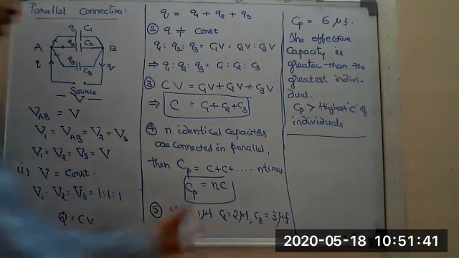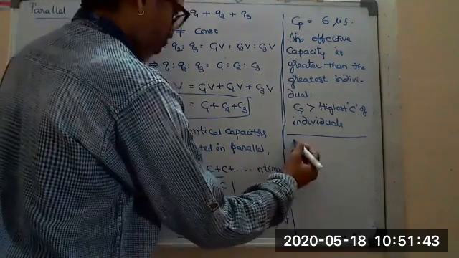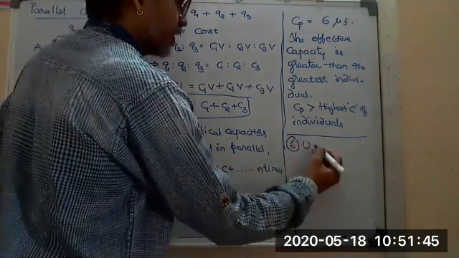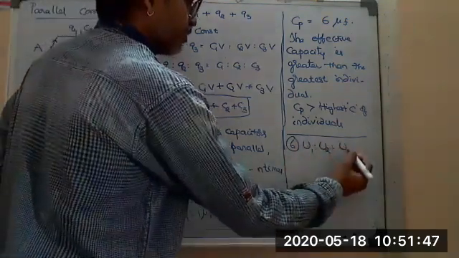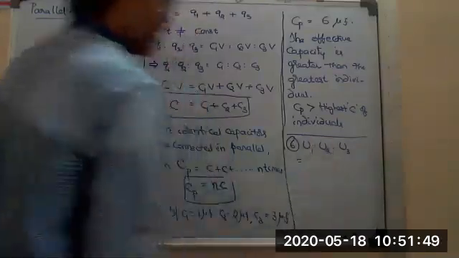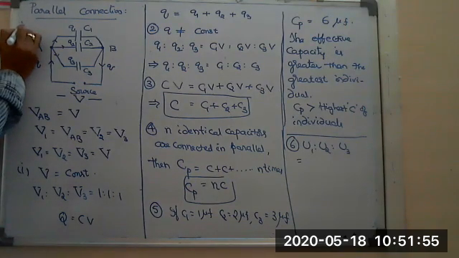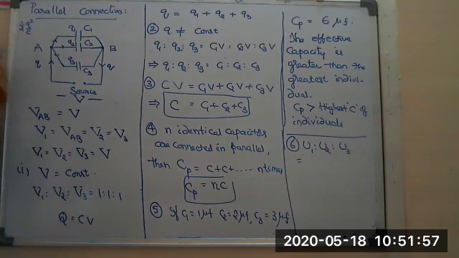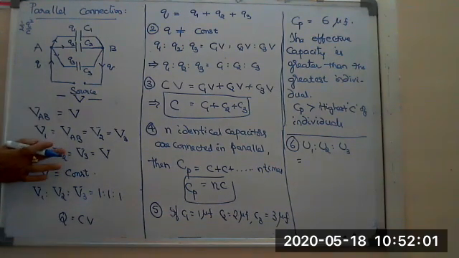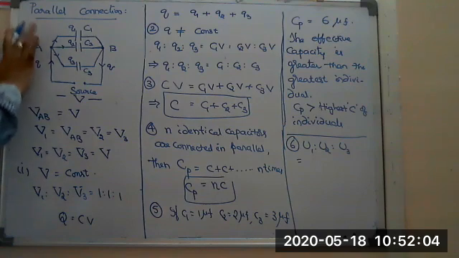And then here, what is the ratio of potential energies? Now I think you can understand easily by seeing the series grouping. There we preferred half Q square by C. Why? Because there Q is constant. But here Q is not constant, that's why it is not preferable.